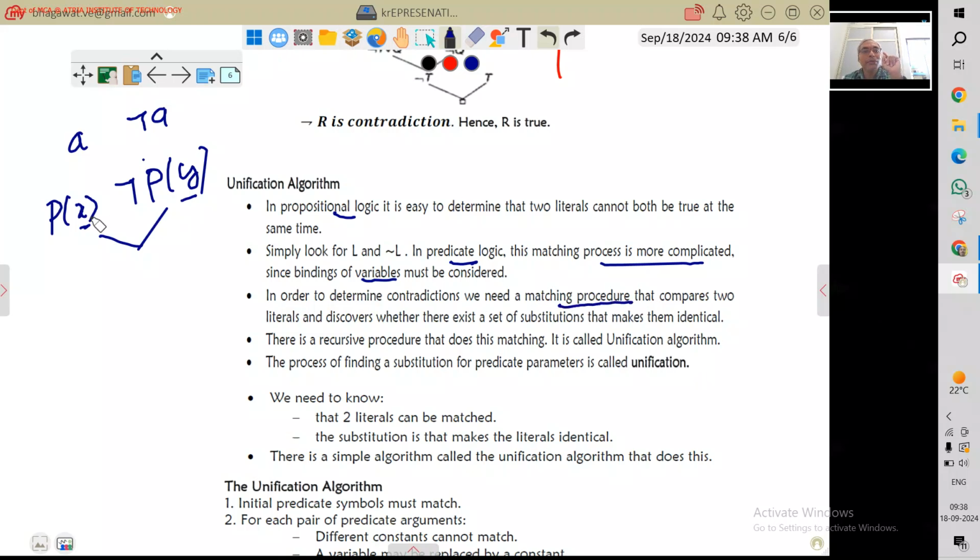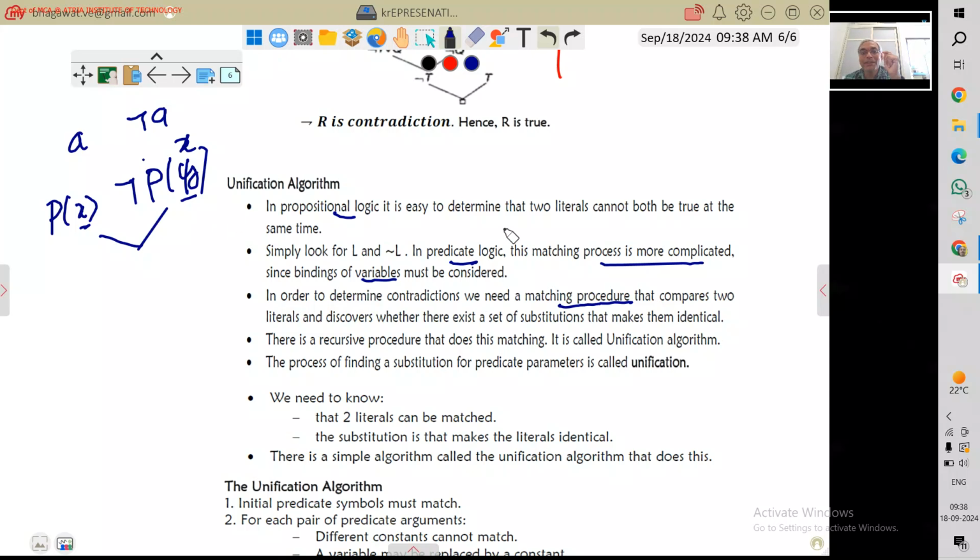Now it is very clear. If you want to cancel P of X and negation P of Y, either you have to change X to Y, or you change Y to X. If you rename Y as X, then we have P of X and negation P of X, so you can cancel both.